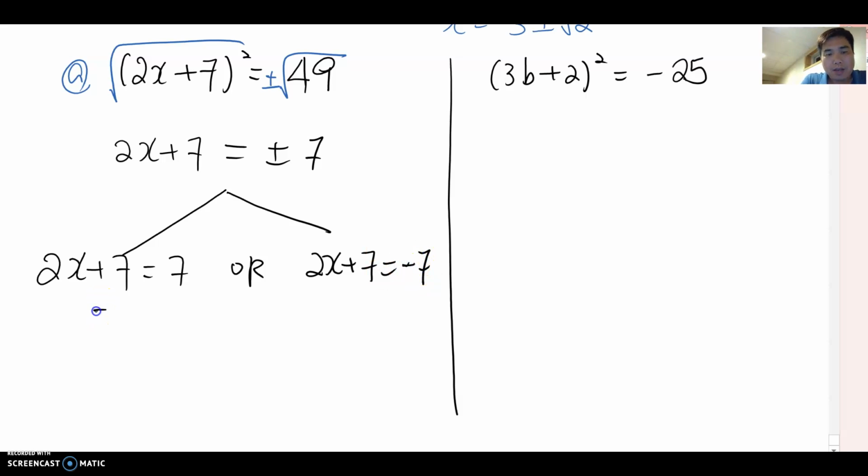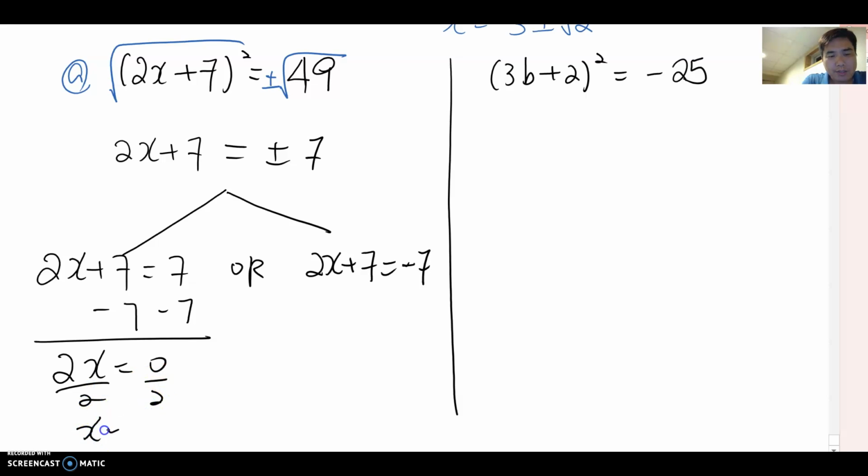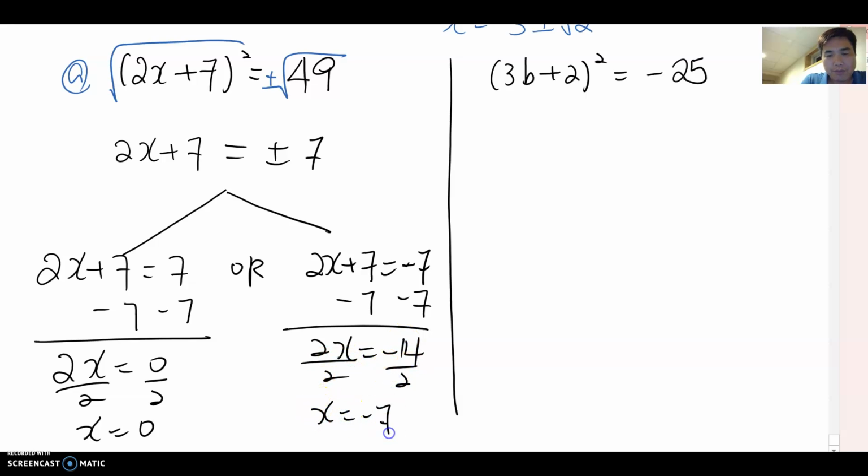Subtract 7, then this becomes 2x equal to 0, and divide by 2. So x equals 0 in this case. And with minus 7, 2x equal to negative 14, and divide by 2. Therefore x equals negative 7. That will be the answer for this problem.